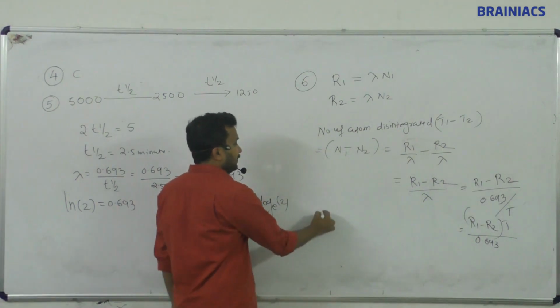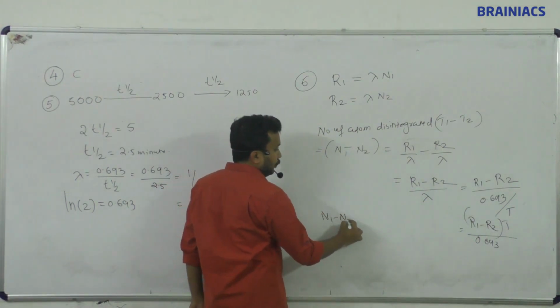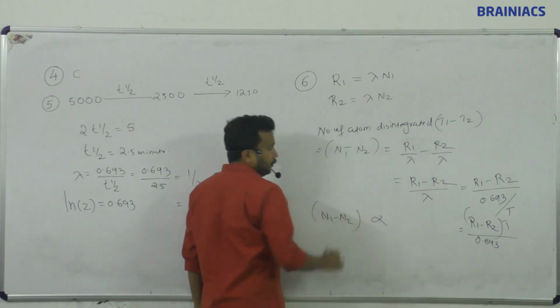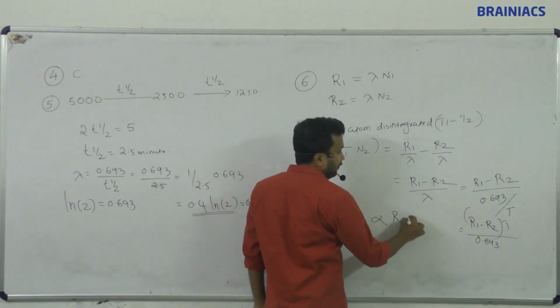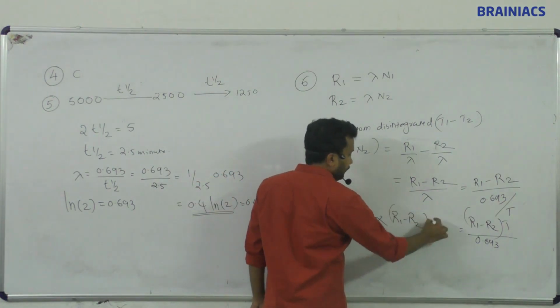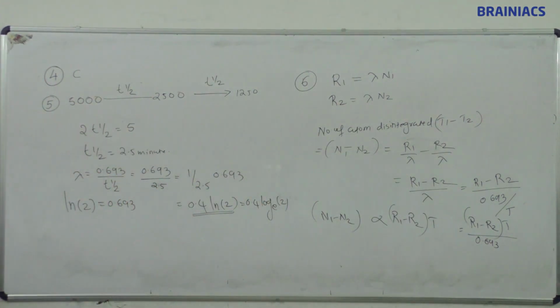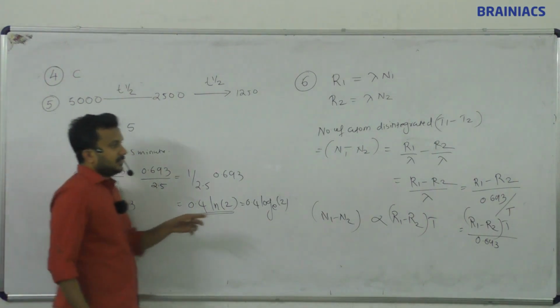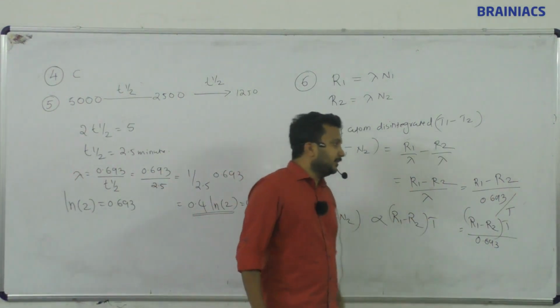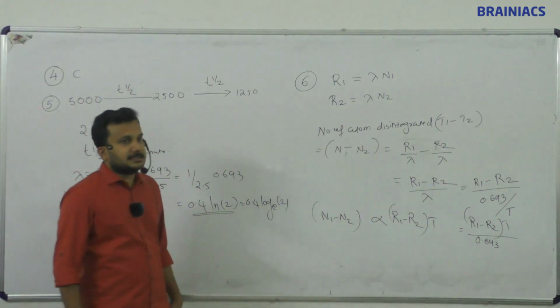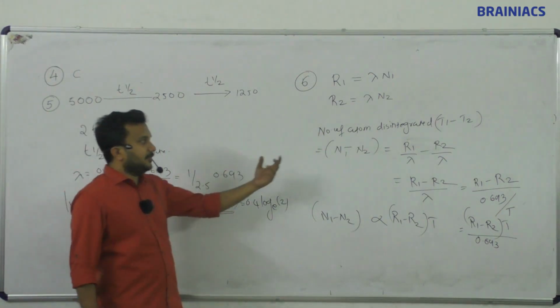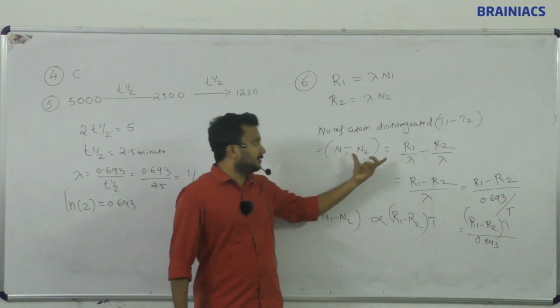So N1 minus N2 is proportional to R1 minus R2 into T. The question is asking what they are proportional to. The correct equation is R1 minus R2 into T divided by 0.693. This is tricky.